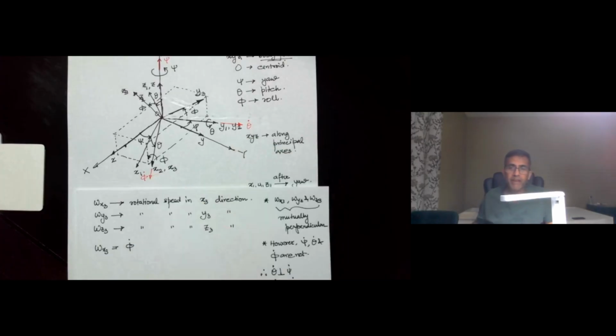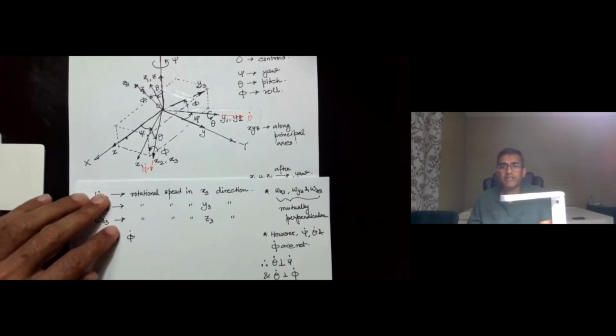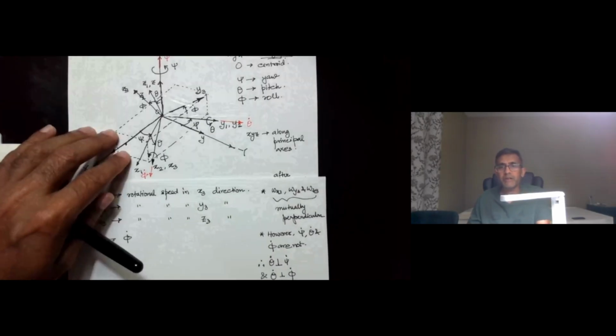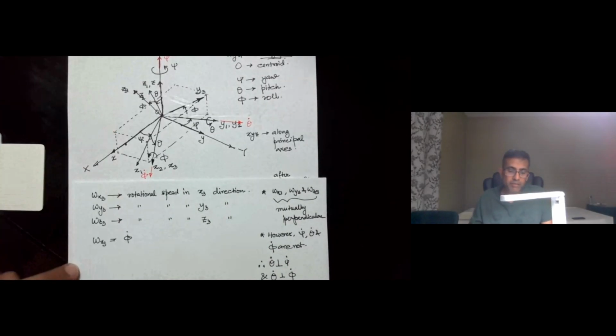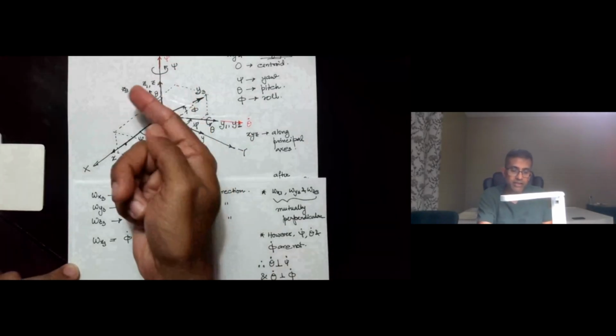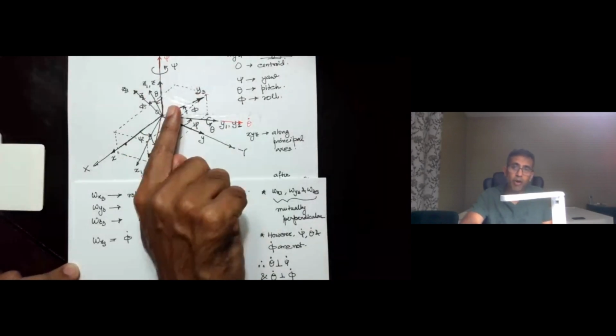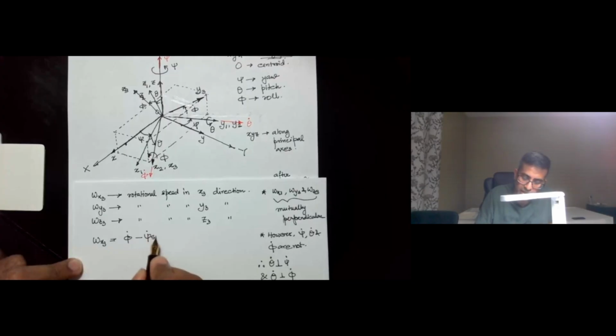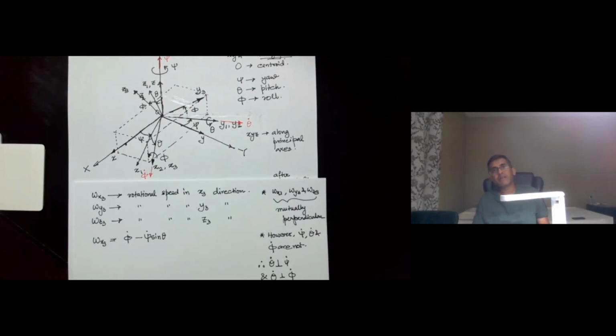Theta dot is not going to have any component in the phi dot direction, because as we just pointed out, theta dot is always perpendicular to phi dot. But psi dot is not perpendicular to phi dot. So psi dot sine theta is going to be in the direction opposite to phi dot. So we have a minus psi dot sine theta. And that's the expression of the net angular velocity of this rigid body along the body fixed x-axis.